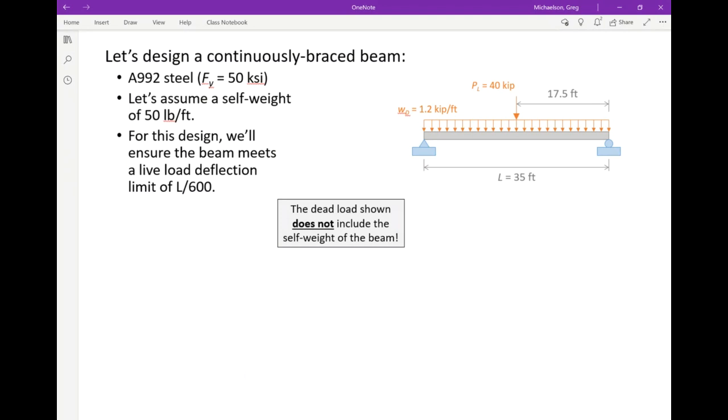So let's look at moments and shears. And what I'm going to say is that our W naught is 50 pounds per foot, or 0.05 kips per foot, and that's assumed.